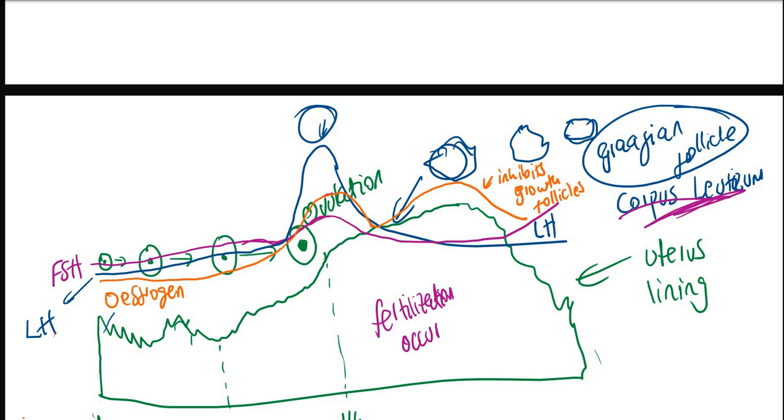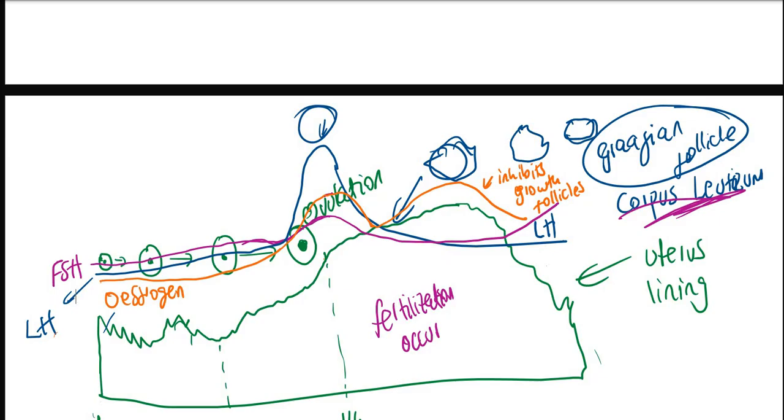You understand? So FSH levels will be low. But once we find out that there was no fertilization, then FSH levels are going to increase again. What about LH? LH is there to ensure that on the day of ovulation, the egg is released, meaning LH is there to ensure that we have the corpus luteum.